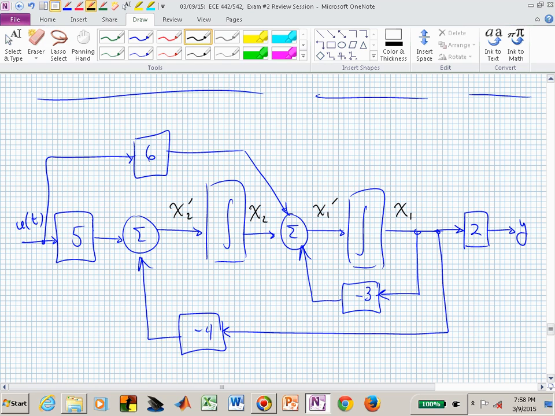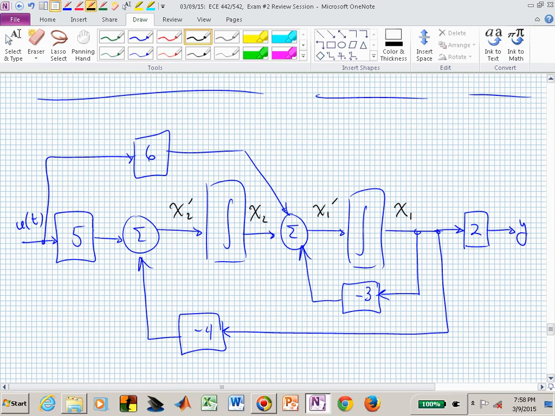Then you have your A matrix, your B matrix, your C matrix, and your maybe direct feed-through matrix. Do you have a direct feed-through matrix in this system? There's no direct connection from the input U to the output Y. Your direct feed-through matrix and your output is 0 in this case.